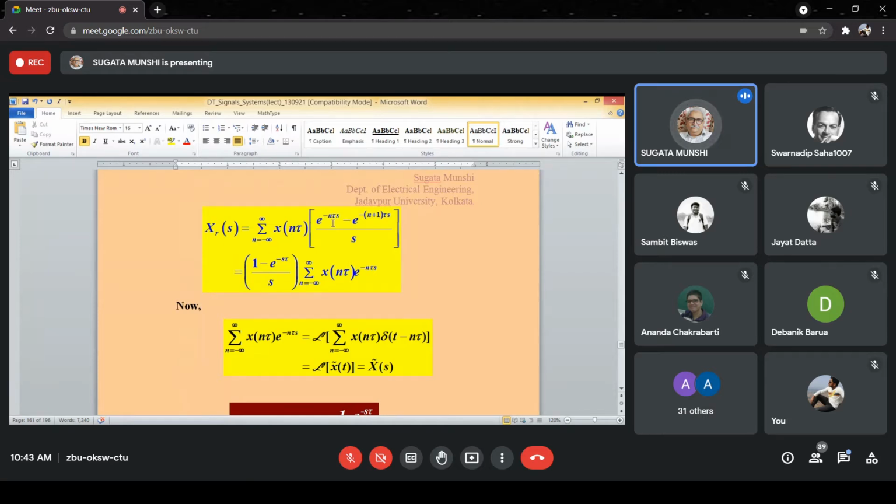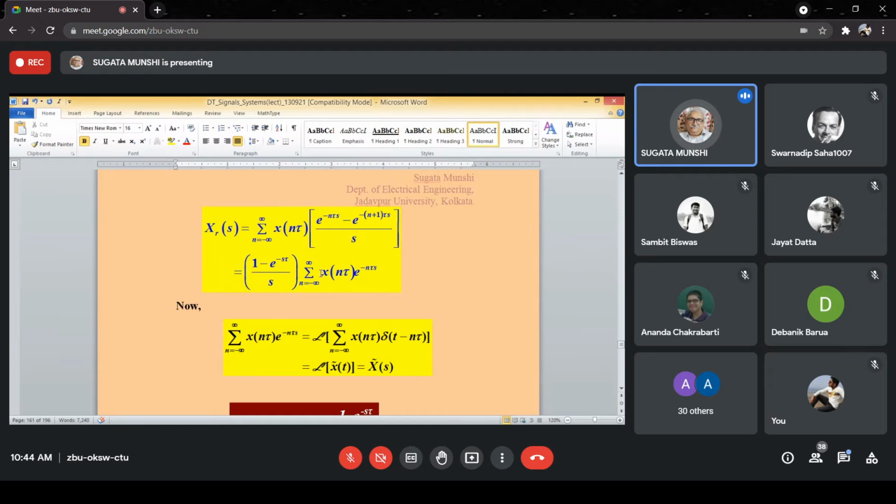So if you just keep e to the power minus nτs inside this summation, why we are doing that, you'll understand. What will come out of this summation will be 1 minus e to the power minus sτ divided by s.